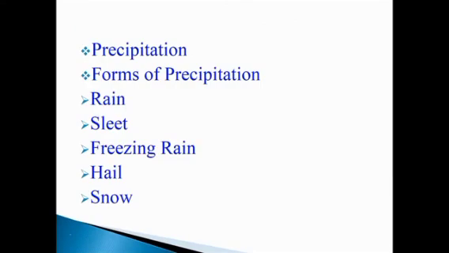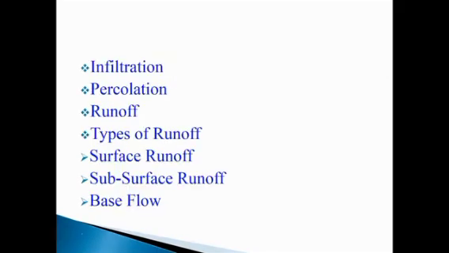Under this, we have rain, sleet, freezing rain, hail and snow. Next, we are going to learn about infiltration, percolation, runoff. Then types of runoff. Under this, we have surface runoff, subsurface runoff and base flow.